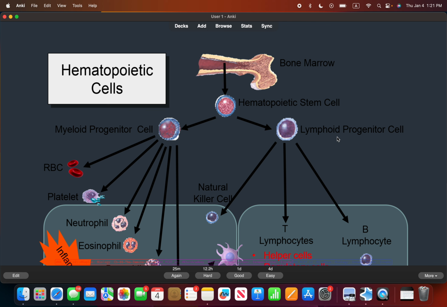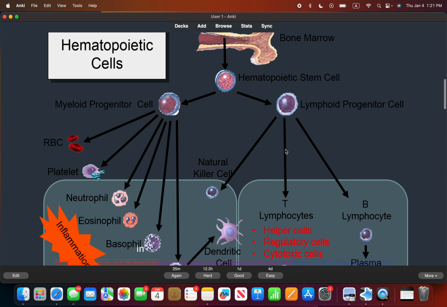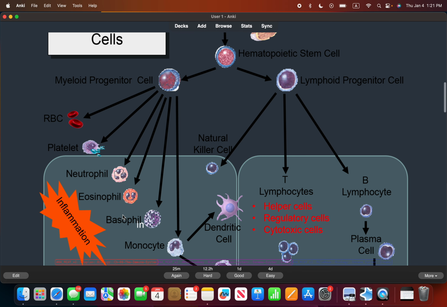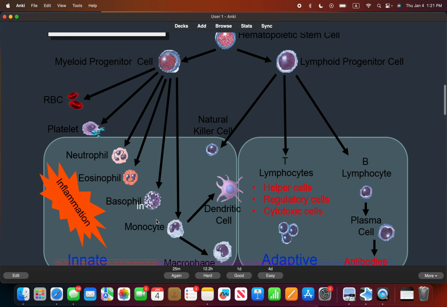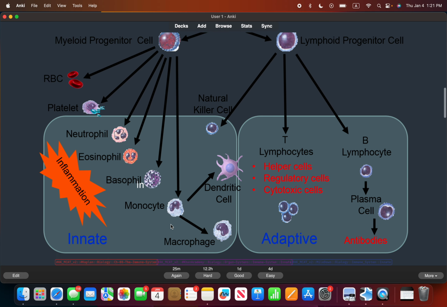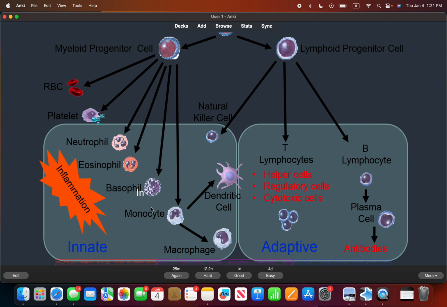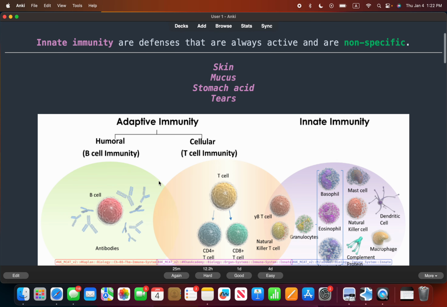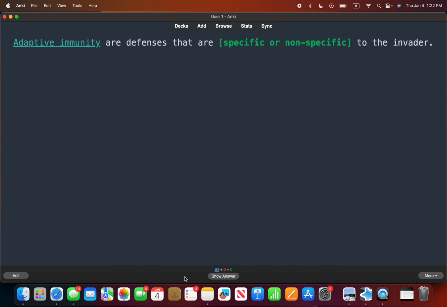So the lymphoid progenitor cells give way to the lymphocytes, and the myeloid progenitor cells give way to red blood cells, platelets, the granulocytes, the monocyte. So it's all with regards to the innate system. But for now, we will go to the next topic.